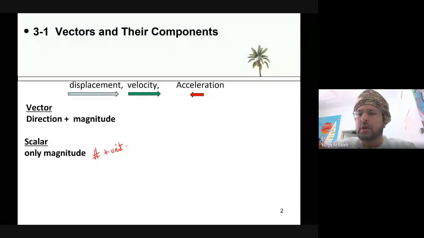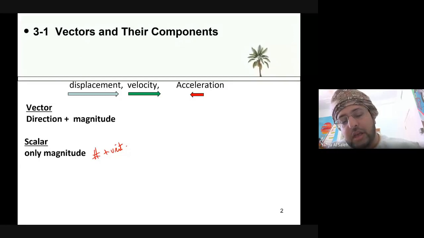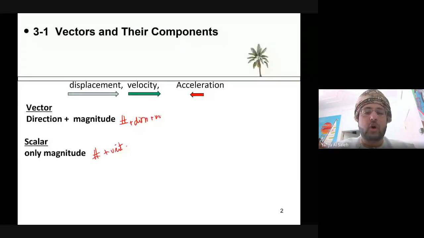Or when I say the wind blows at 20 kilometers per hour, you're like, okay, where? Where from? Where to? So you need a number plus a direction plus a unit, which is what we call a vector.